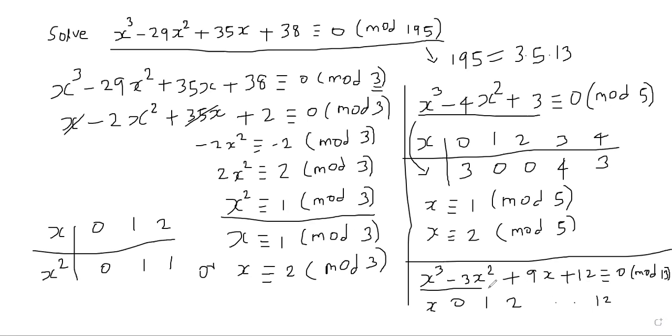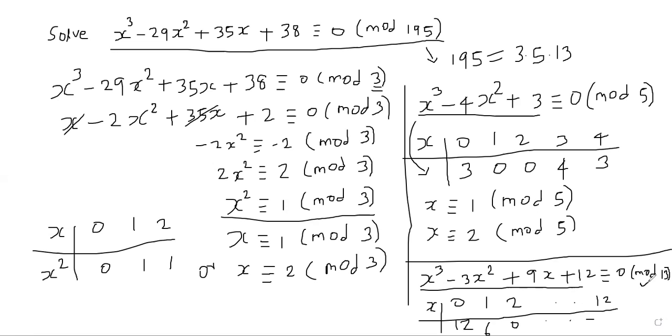But then with this expression, when x is 0, you get 12. When x is 1, you get 1 minus 3 is minus 2, plus 9 is 7, and 19, which means this is 6. And when x is 2, it becomes 0. You can try it yourself. So I stop here because I know x equal to 2 is a solution for this congruence.